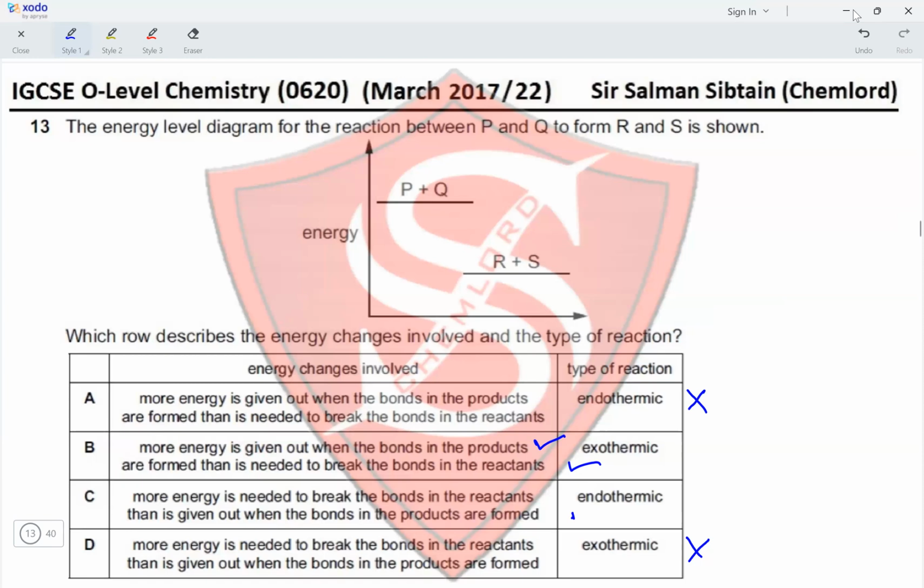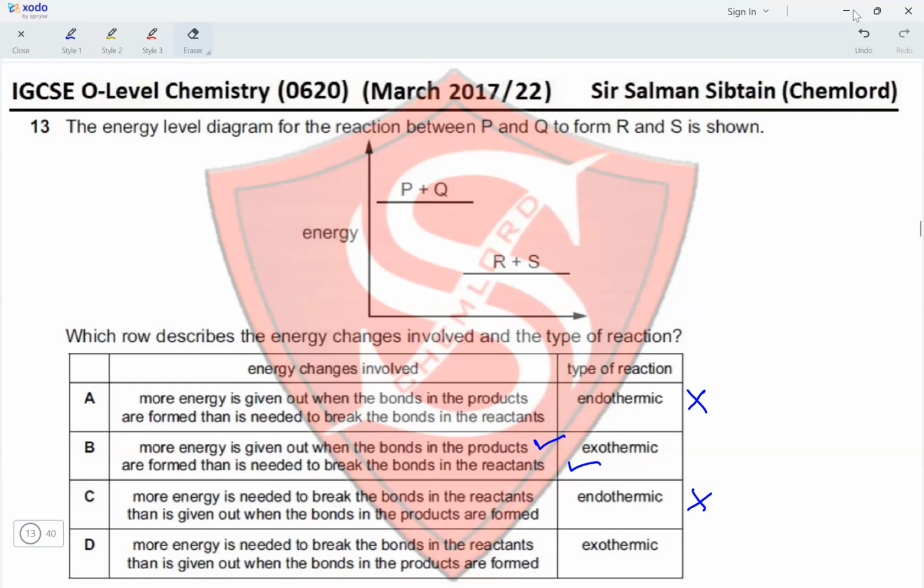Okay, so option C says endothermic. This is incorrect. We'll have to look at option D for its explanation. So option D says more energy is needed. So if more energy is needed, it means the reaction has to be endothermic. To break the bonds in the reactants, than is given out when the bonds in the products form. So the sum of this energy change would be positive, which would make it endothermic, not exothermic.